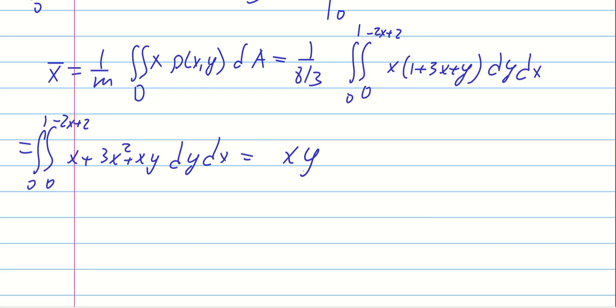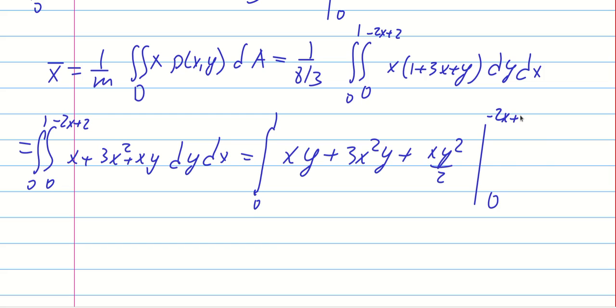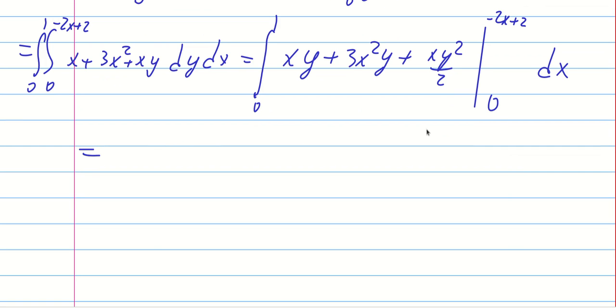So we get xy plus 3x squared y plus xy squared over 2, evaluated from 0 to negative 2x plus 2, dx. And again, if we plug in 0, everything will zero out, so we just need to plug in negative 2x plus 2.